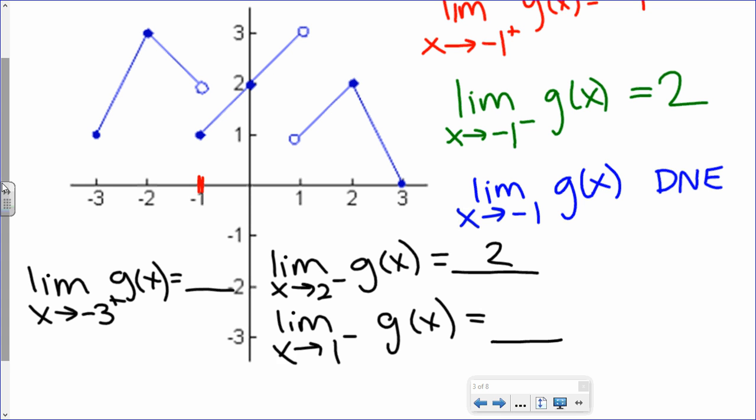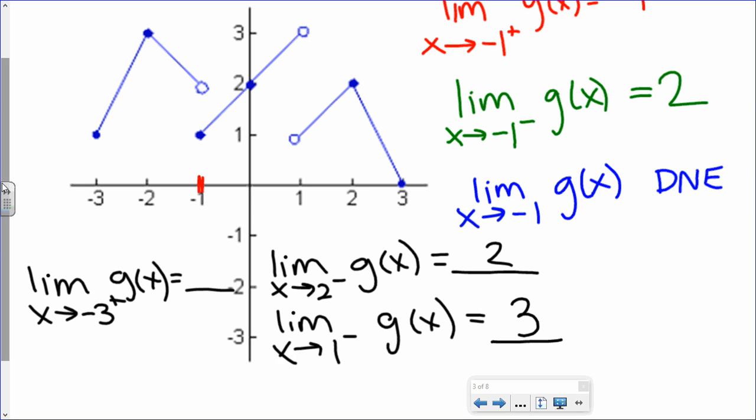Would you say that this piece of the function is on the left of 1? Okay, so what y value are we approaching? 3. From the left, we're approaching 3. From the right, we'd be approaching 1, which means the limit as x approaches 1 would not exist.